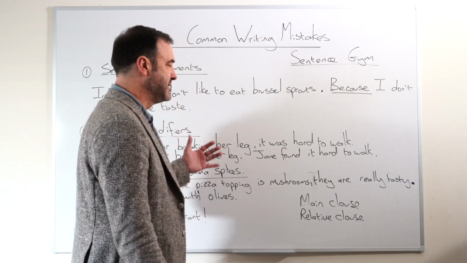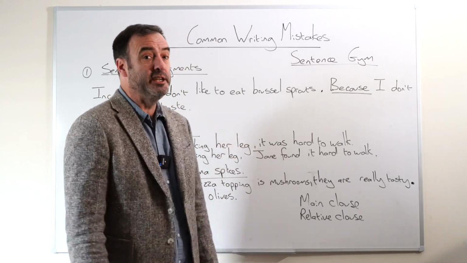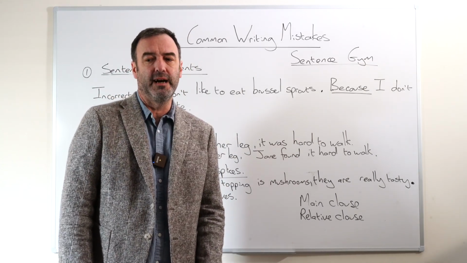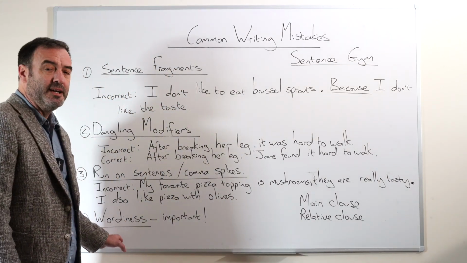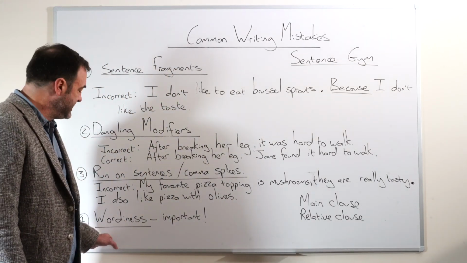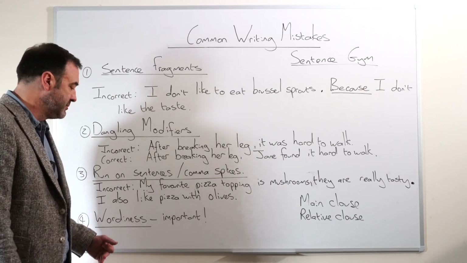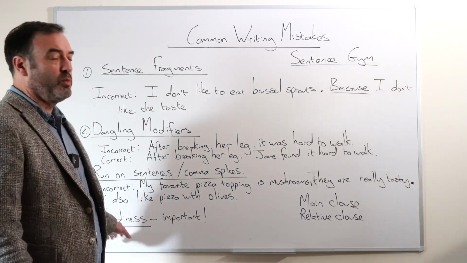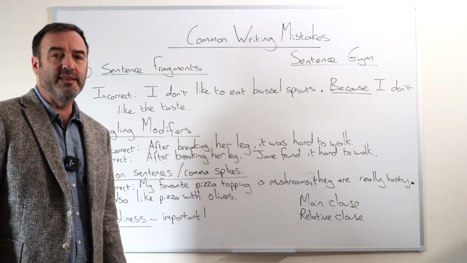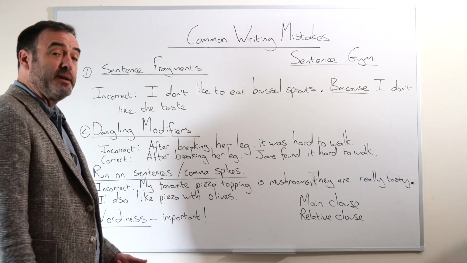With the Essex marking scheme, and I'm sure with other boards, their marking schemes, you can actually lose marks for being overly wordy. But there's a balance here, isn't there? We need to show that we've got a great vocabulary. We need to show that we can use advanced adverbs and adjectives, but not when they become ridiculous, not when they're stating the same thing again and again. They have to be for good purpose.